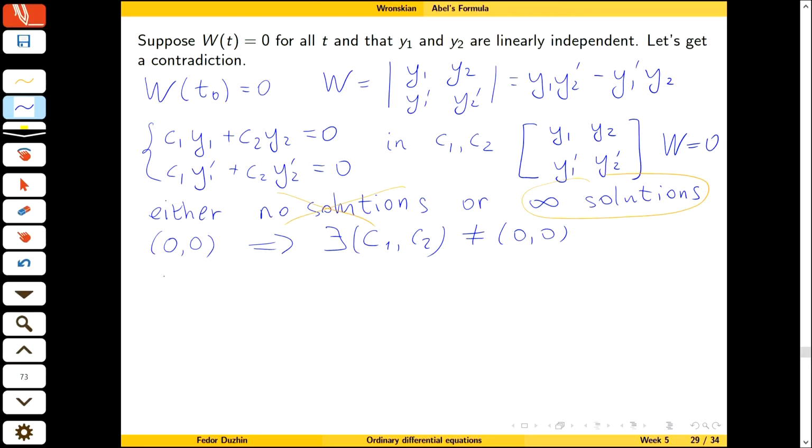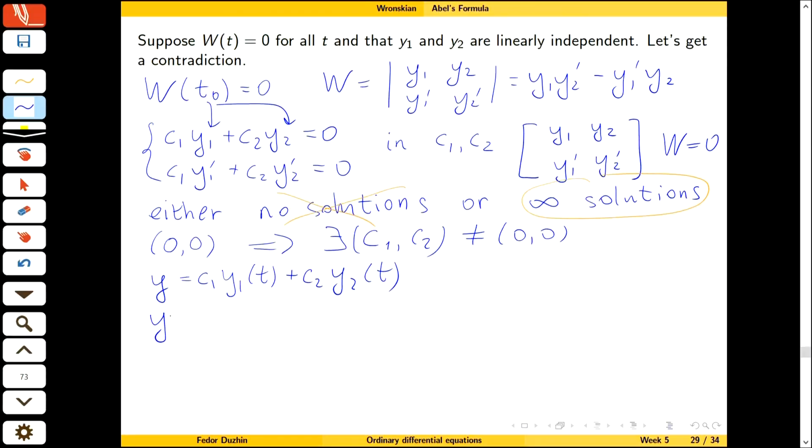The point t0 should be present here, I just skipped it for simplicity of presentation, but now it is important, right? So let us consider y, which is C1 times y1 of t plus C2 times y2 of t.